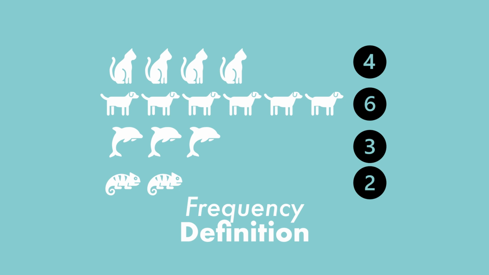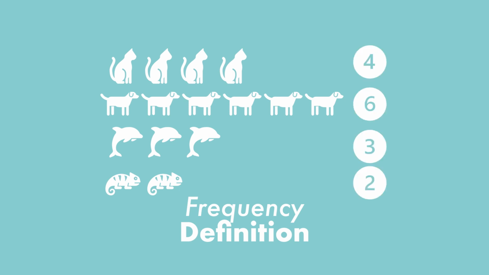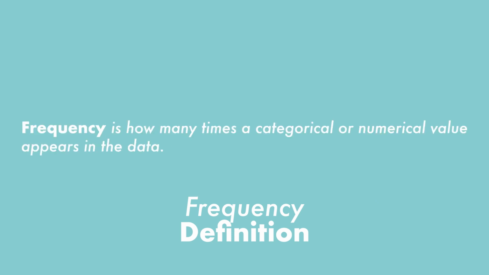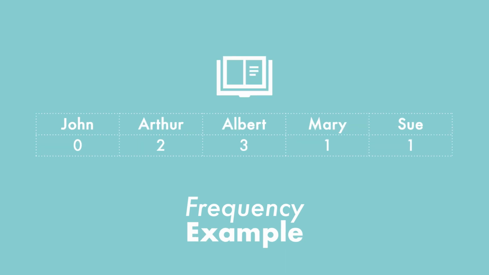We have talked about frequency before, if you remember, and in simple terms, frequency in statistics is how often something happens. Frequency is tied to observable phenomena. It is how many times a categorical or numerical value appears in the data, such as how many times different people read the book Moby Dick.